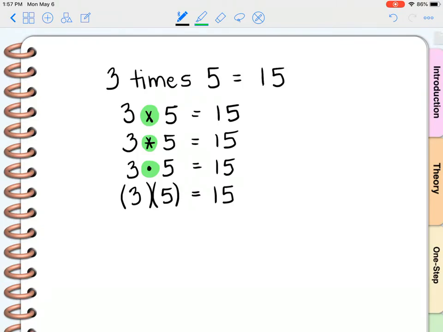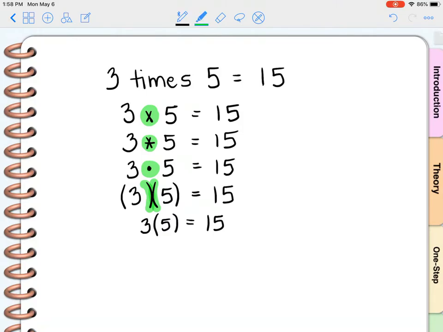And that was okay. I could see that this was kind of that funny looking times sign in there. That's how I thought of it, that means multiply. Well, then I ran across this one. And that also means 3 times 5.